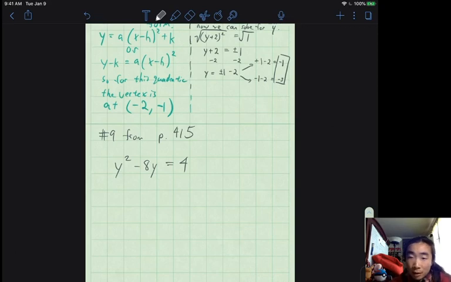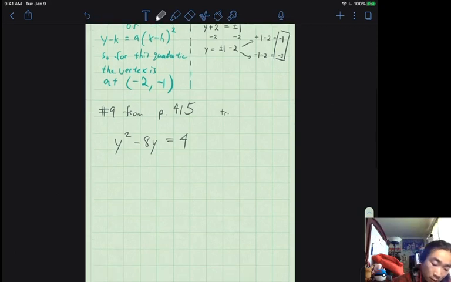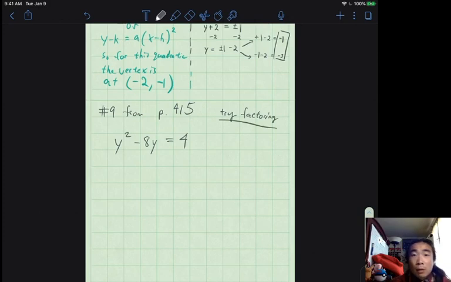Here's number 9, where we see that factoring won't help us. Okay, so we can try factoring. So far, we are reviewing. Right now I'm sharing my screen.